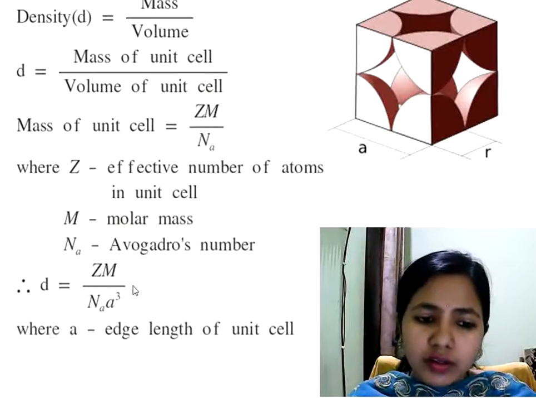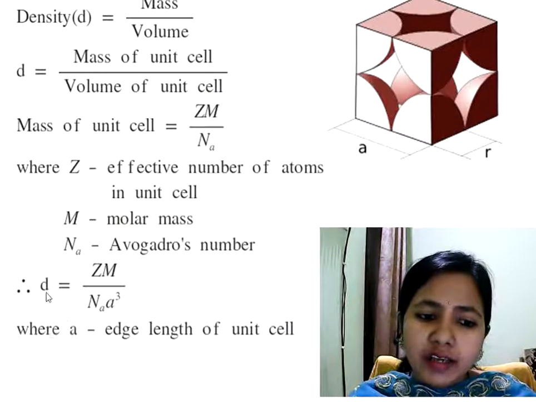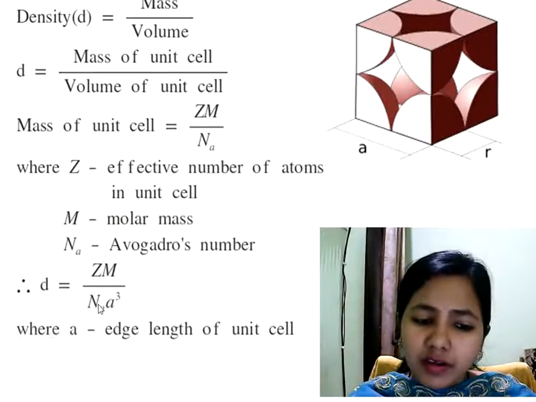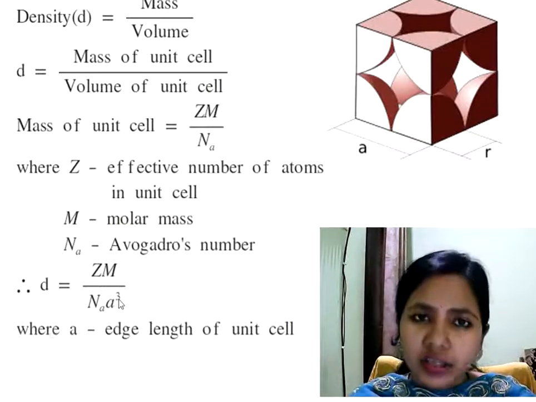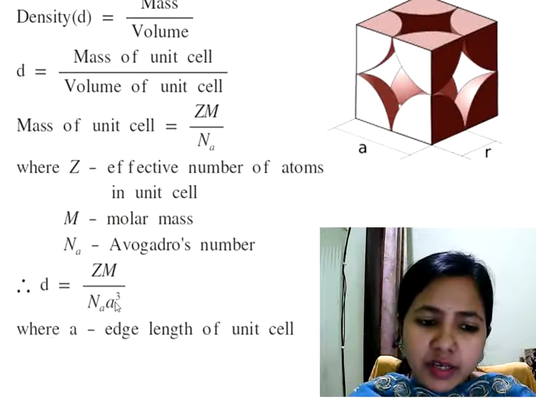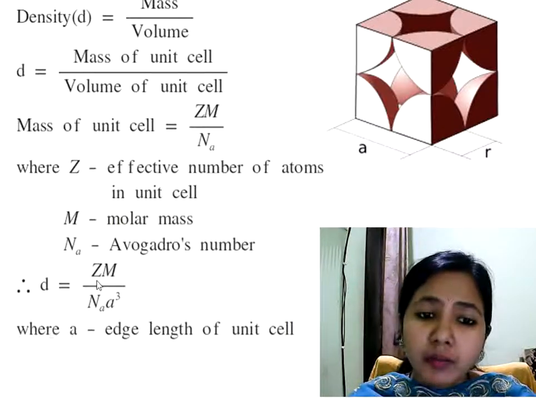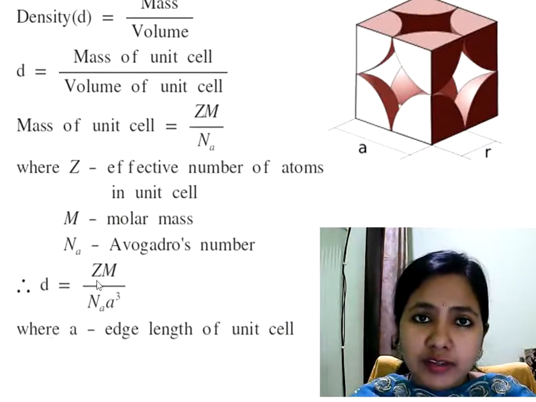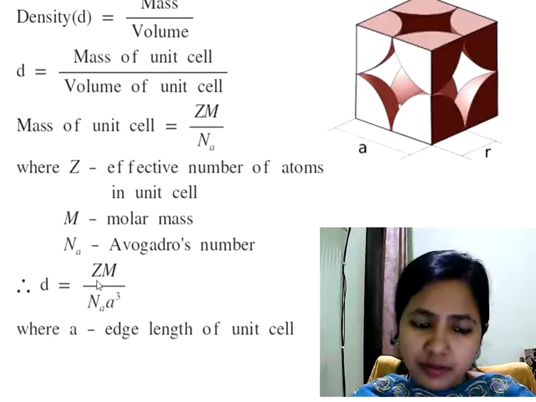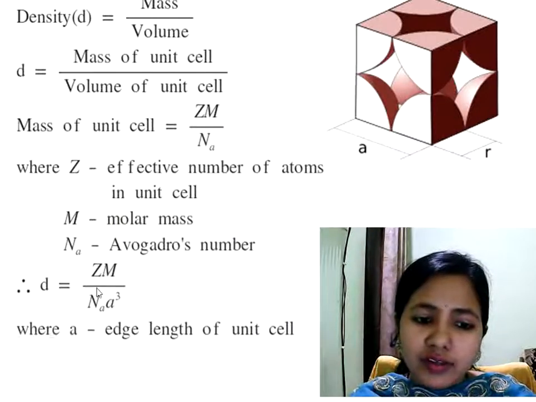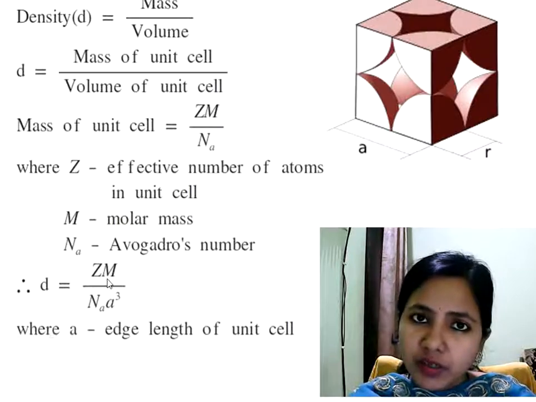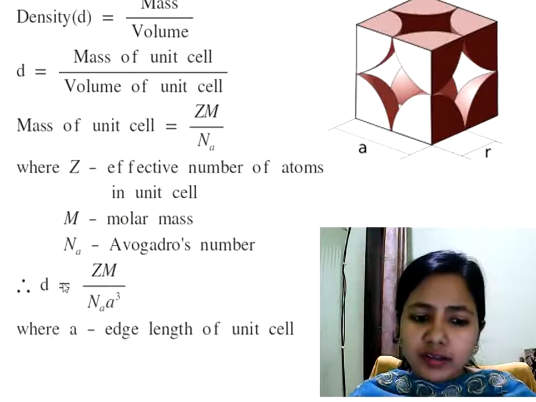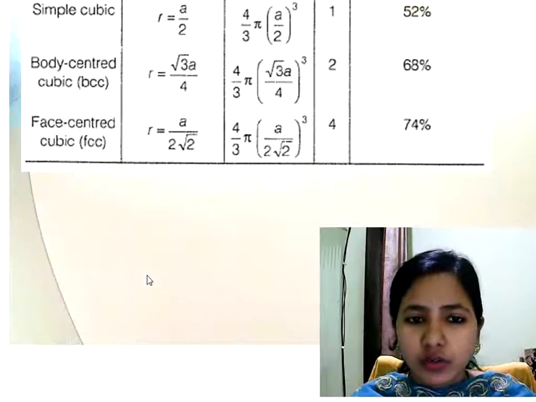Here they will give you the value of density, Avogadro's number, effective atomic number and molar mass, and they will ask you the edge length. Similarly, sometimes they will ask you the effective number of atoms, that is, which type of unit cell crystal lattice this is. Then you have to calculate Z, and the rest of the values will be given to you, right? In this way they will ask questions from this topic.